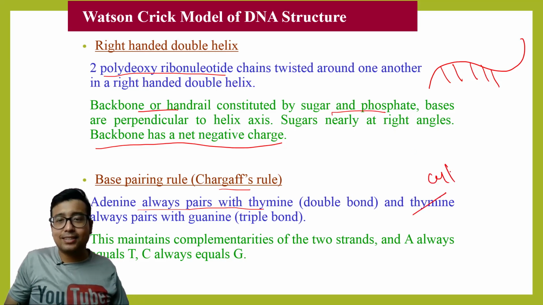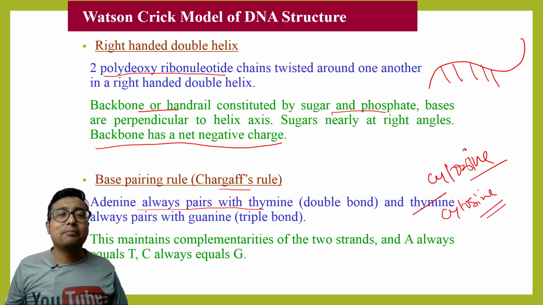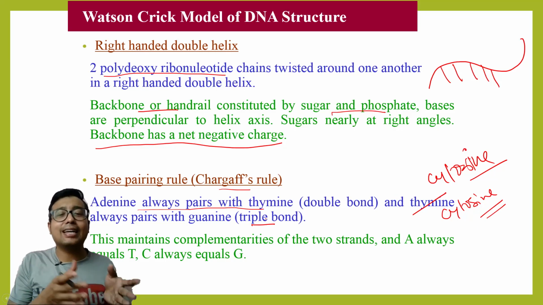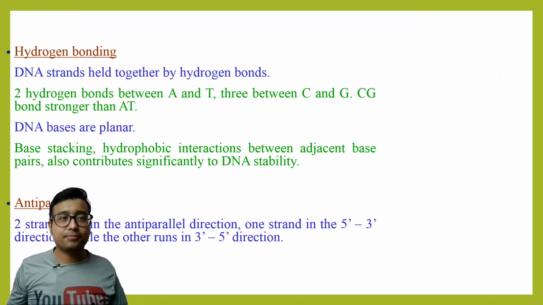My mistake, I typed it wrongly. This will be cytosine. Cytosine pairs with guanine, triple bond. And the quantities are A equals T and C equals G by default.